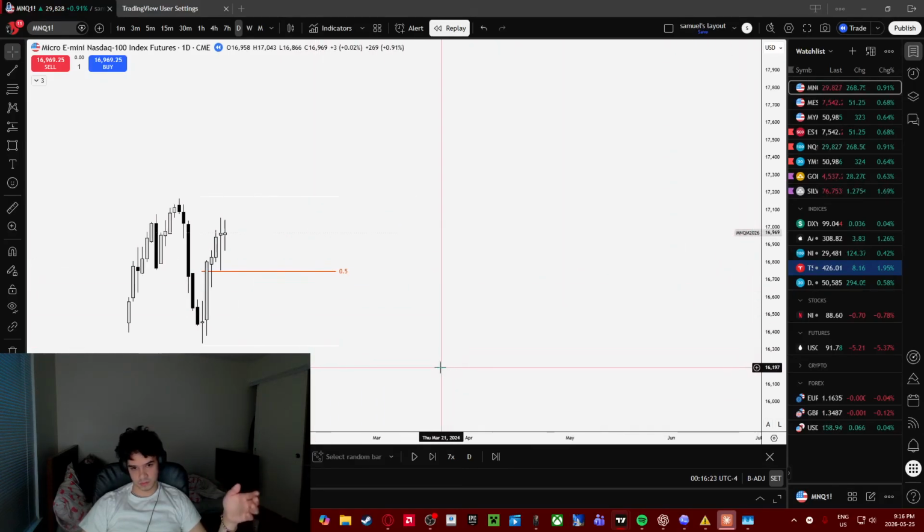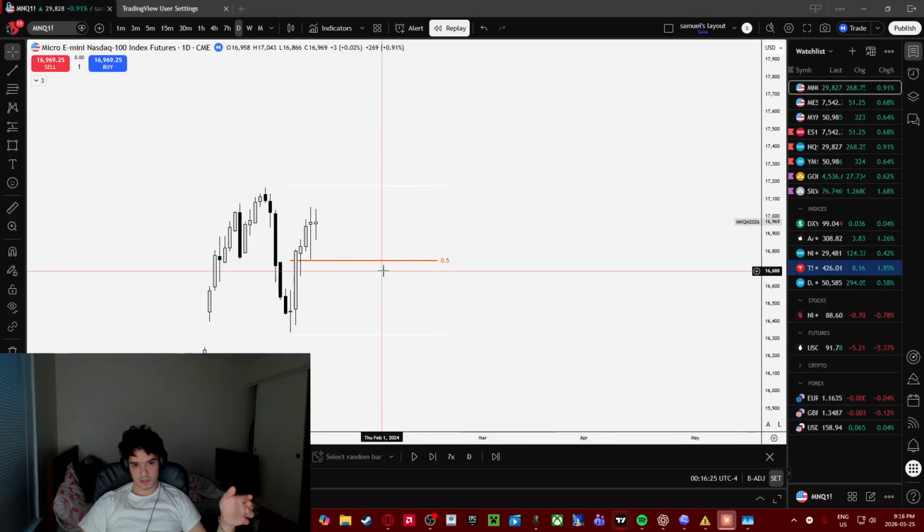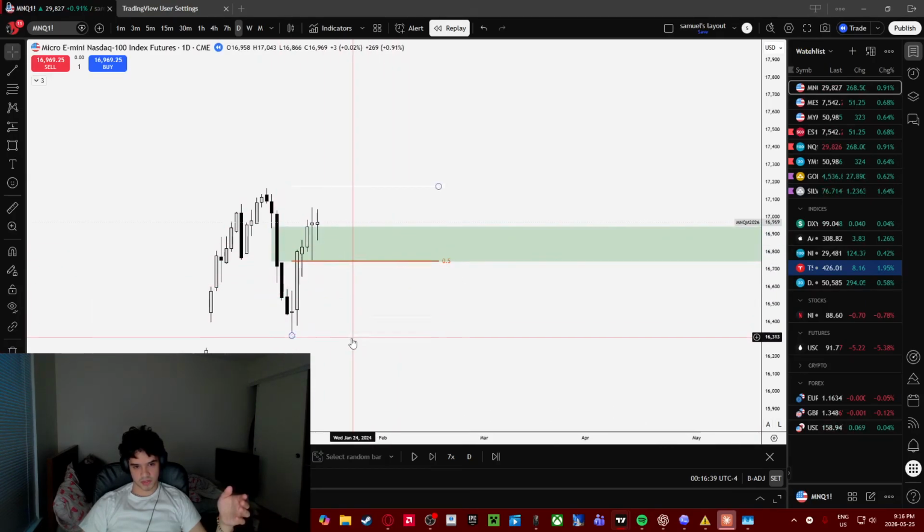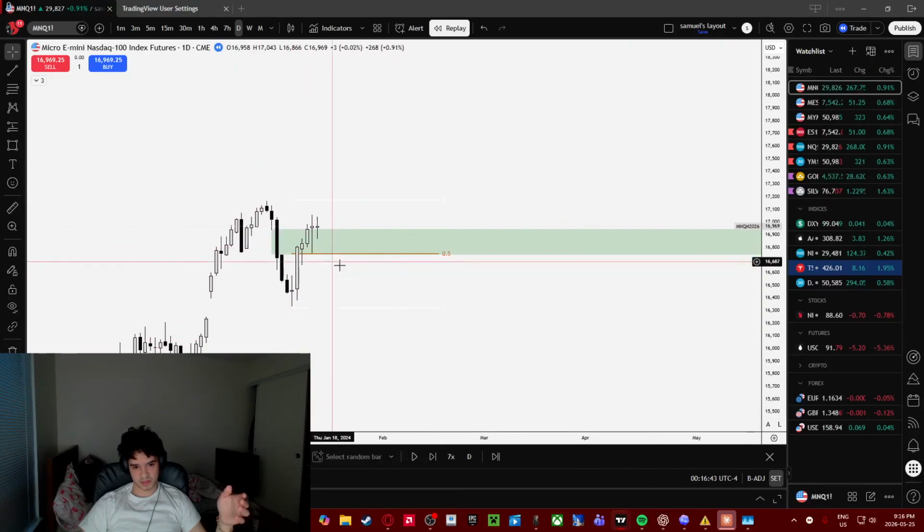In the daily time frame, you basically see the points of interest, which are the PD arrays, which we can get to in a minute. Fair value gaps, which are a three-candle pattern, and the space between them is a point of interest. This right here. So what price does is take out liquidity, which is highs and lows, and rebalances, which are fair value gaps and inefficiency.